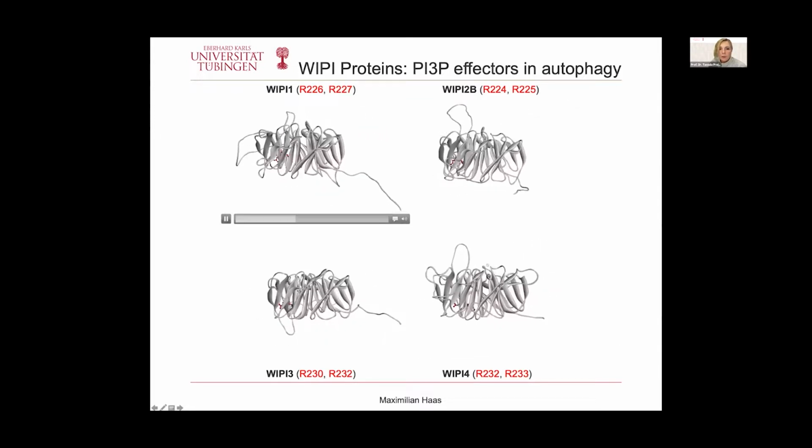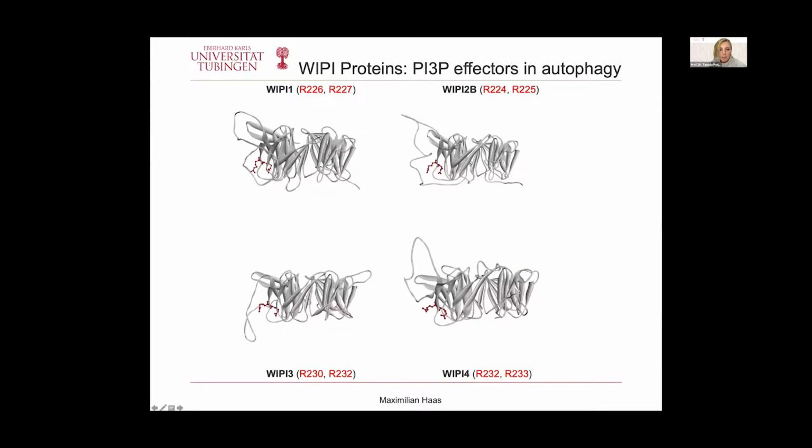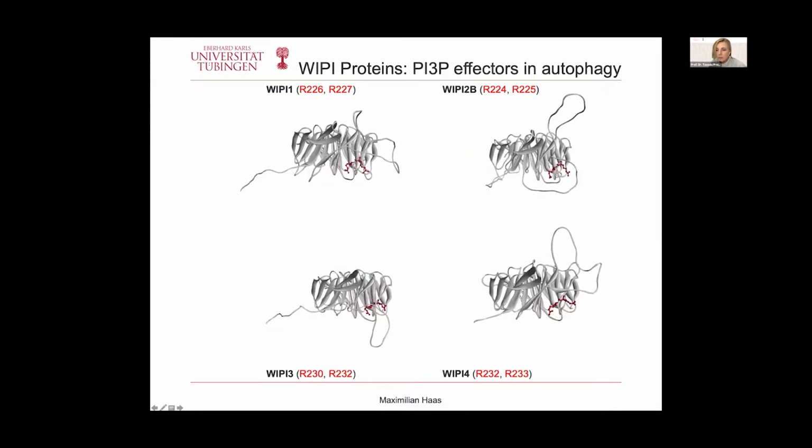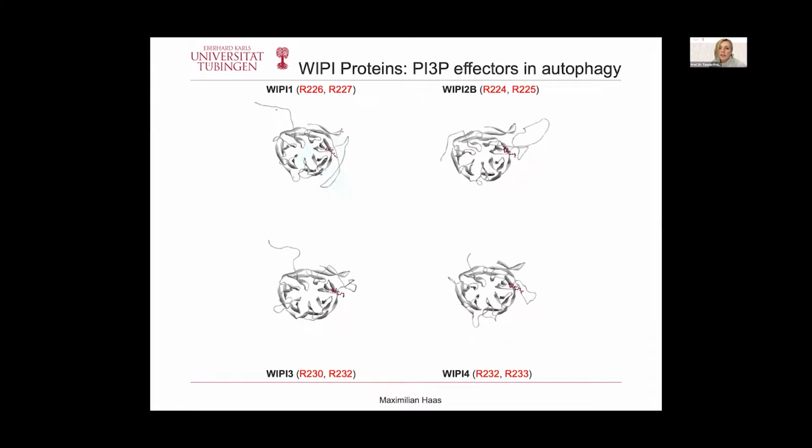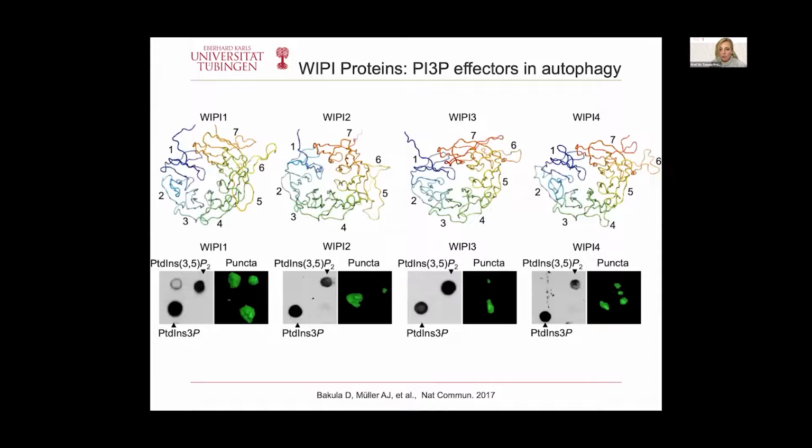You see here WIPI1, 2, 3, and 4, and depicted in red are the amino acids that are essential for PI3P binding. Initially, we addressed whether or not they have redundant functions in autophagy. And what I will be showing you here is the latest results on this approach.